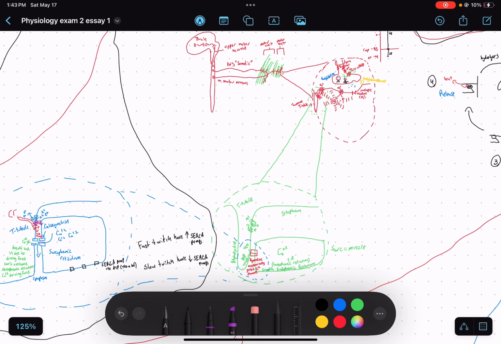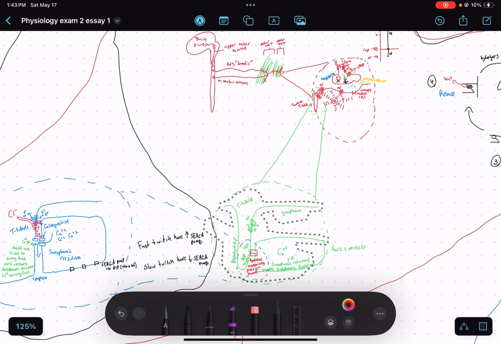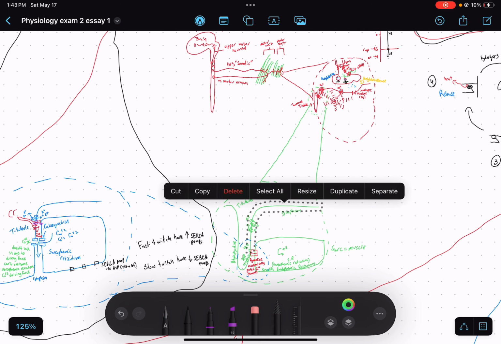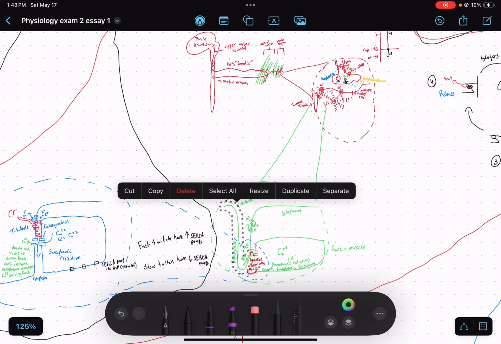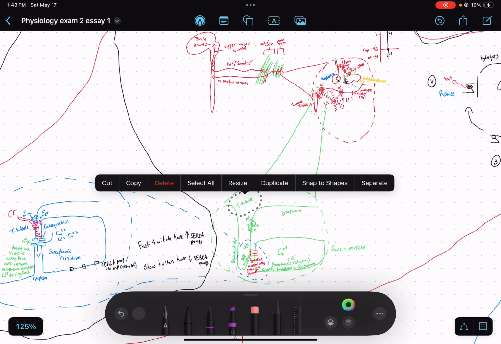It's this whole green line right here. That goes down and across, and it has these T-tubules that go down it so that action potentials can propagate, open up some other channels, allowing calcium to enter into the cell. So that's where your sarcomere is located.